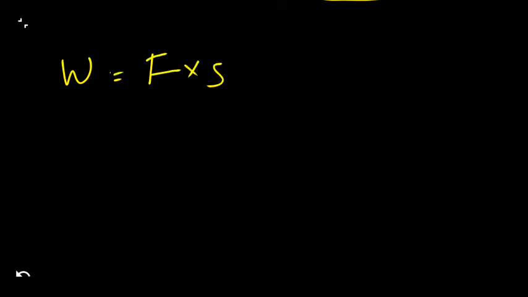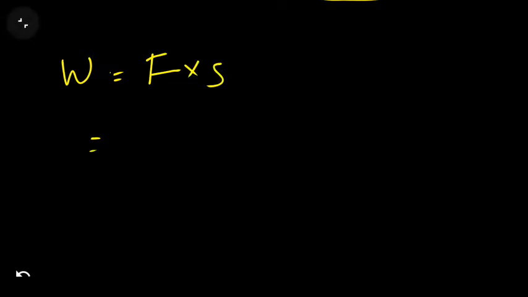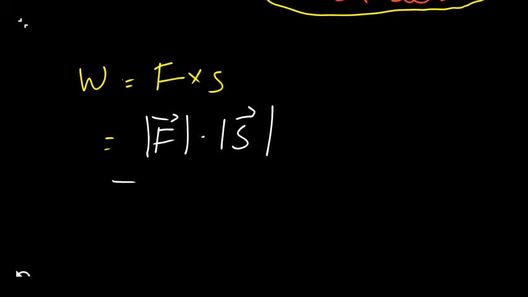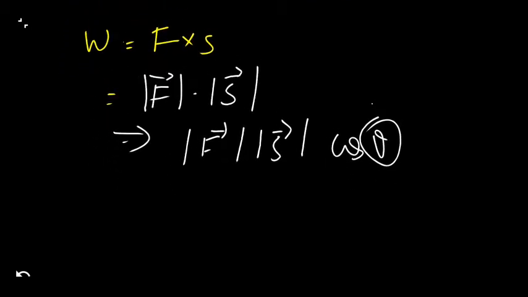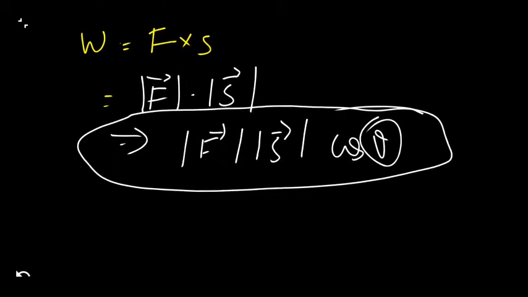But if we write this in vector form, which is very important, it will be f vector dot s vector. We have studied that this will be the magnitude of f into magnitude of s into cos theta, which is the angle between them. So this will be the expression of work done in vector form.